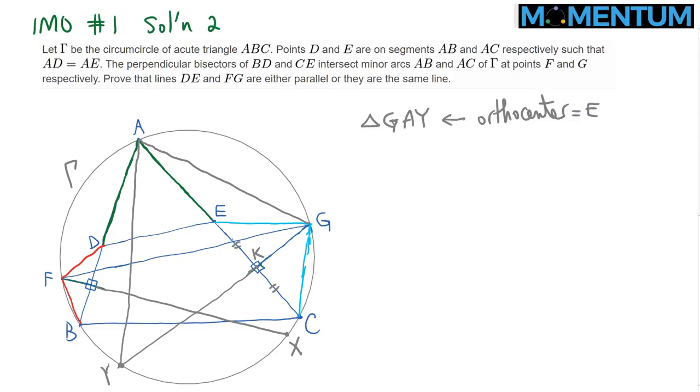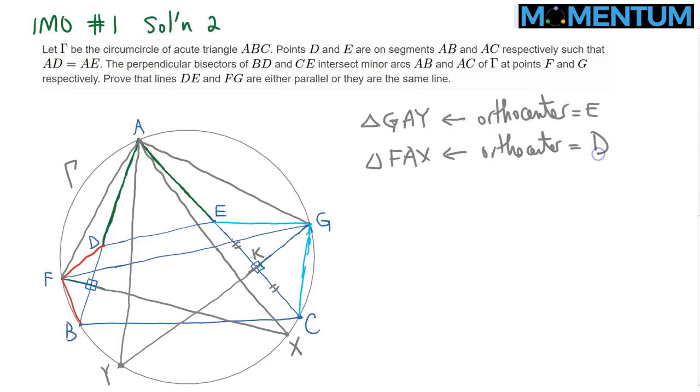And by the same token, if you focus your attention on triangle FAX, let's also draw that triangle. At the risk of making it look complicated, FAX. Do you also see that the orthocenter of that triangle is D?